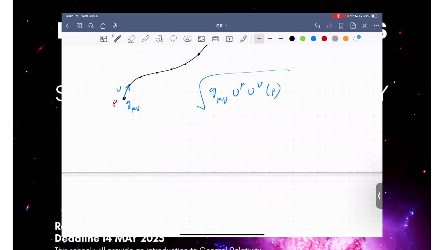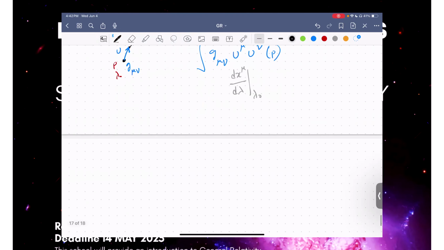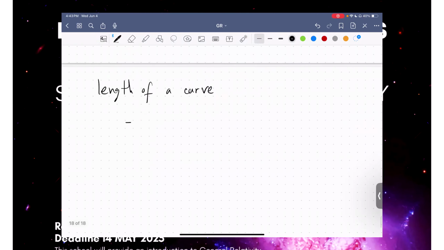When we say this u, what we really mean is dx mu d lambda evaluated at some point lambda naught, that corresponds to this P. The value of lambda at point P is this lambda naught. So overall, the length of a curve, we can write this as an integration.